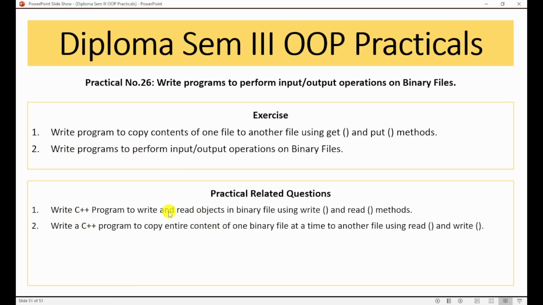So you can create the same program for these three questions because the content of all three is the same, that is, read the objects and write to another file. Again, copy the content of one binary file to another binary file, and we have done it using read and write functions. In the previous question we did it using get and put functions.